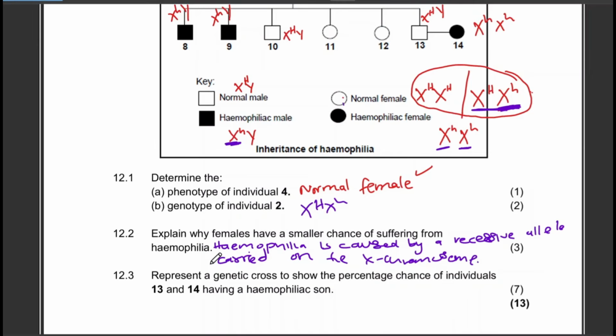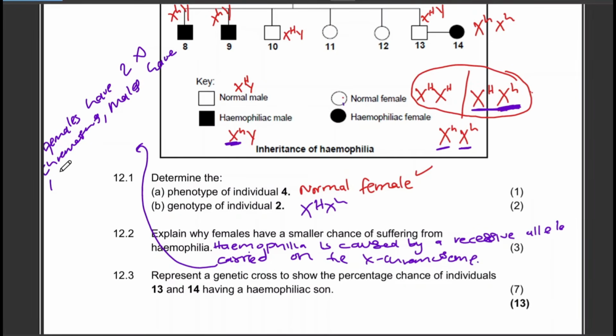Females have 2 X chromosomes. Males have 1 X chromosome.